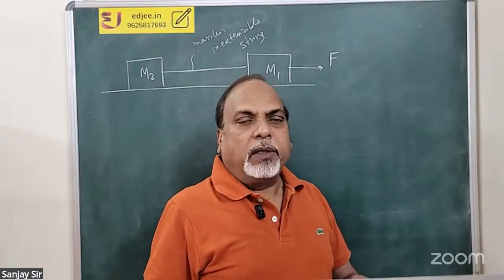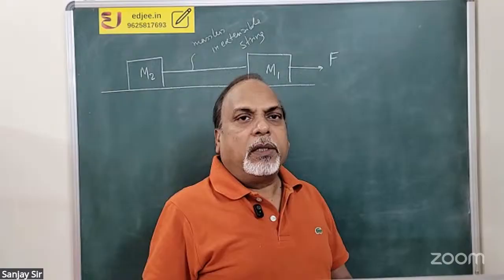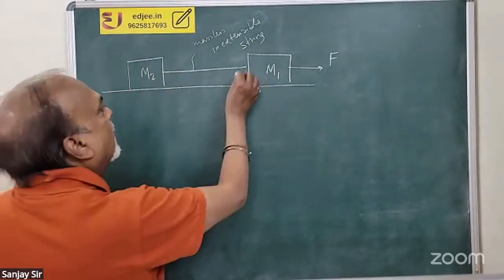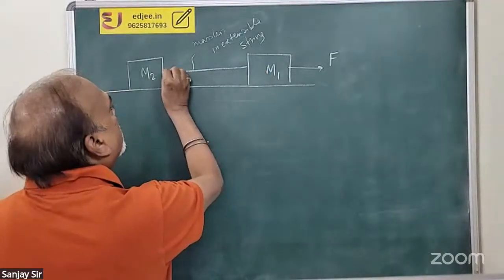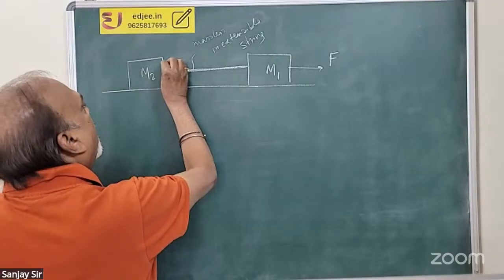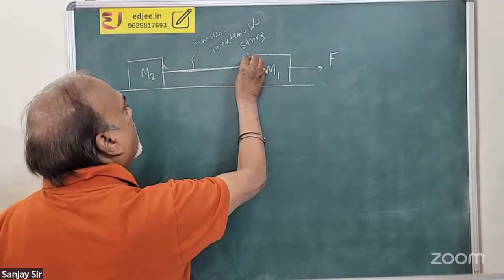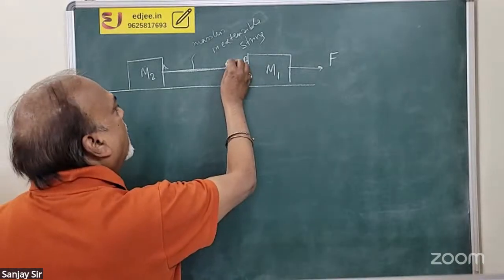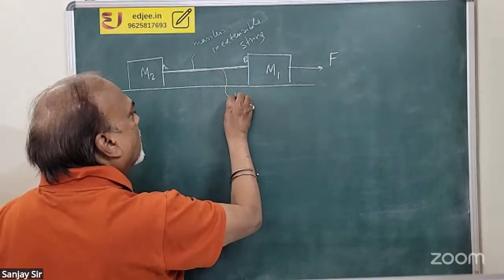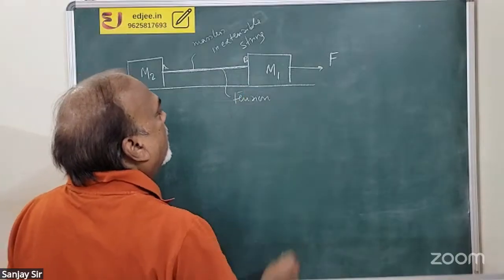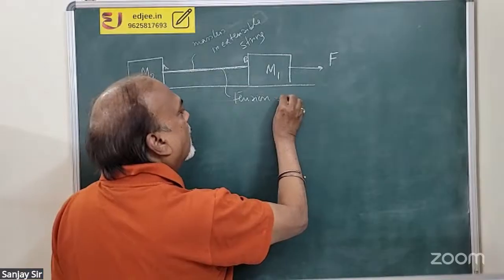Since it is massless and since it is inextensible, then what will happen? In this portion, suppose this is A, this is B, the tension in this string will be the same.